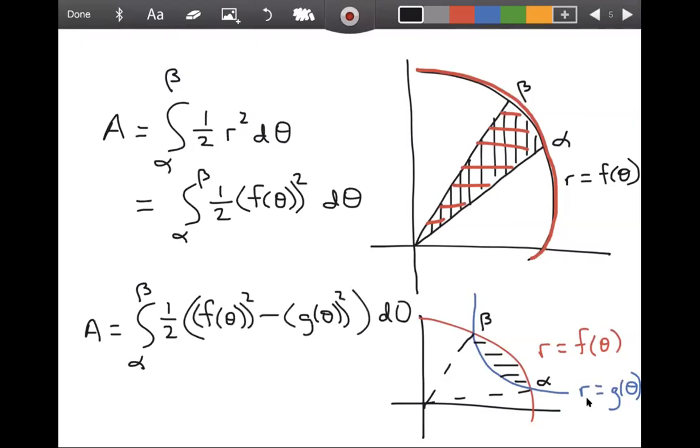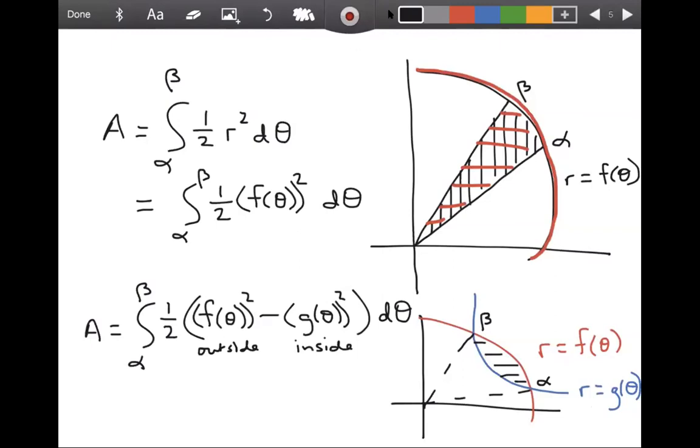So again, in Cartesian, it's top minus bottom. In polar, it's outside minus inside. And remember, you do have to square them. So I'm just going to put a little note here. This is the outside curve. This is the inside curve. Okay. Because I don't think that particular thing comes up in either of my examples. So I wanted you to see that.